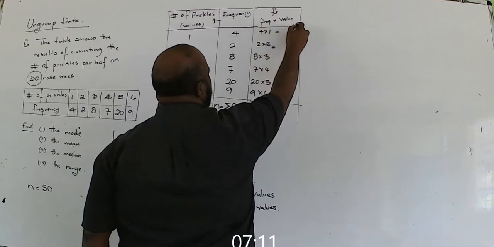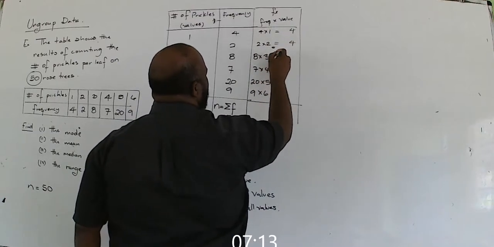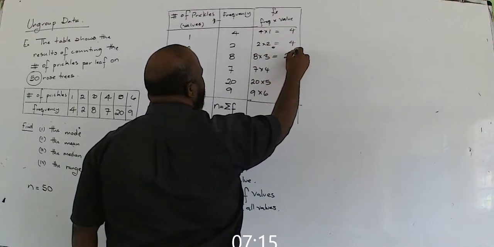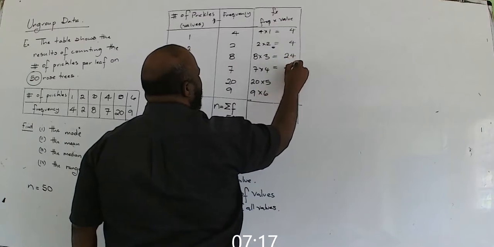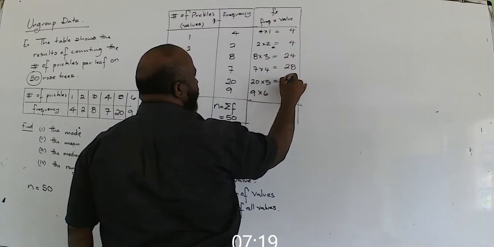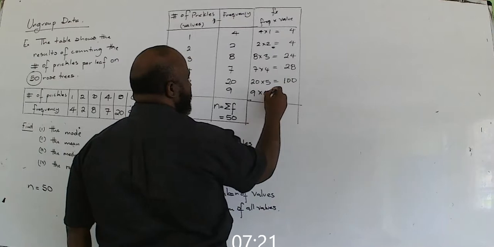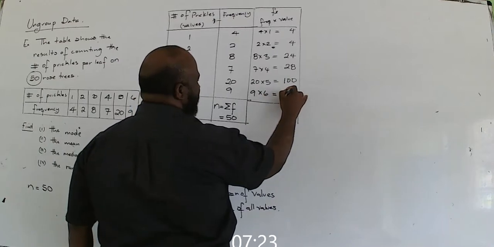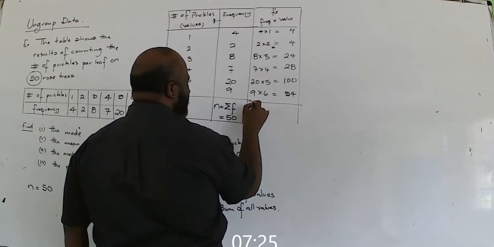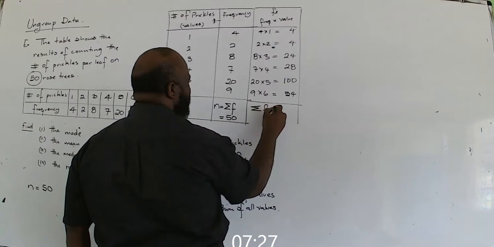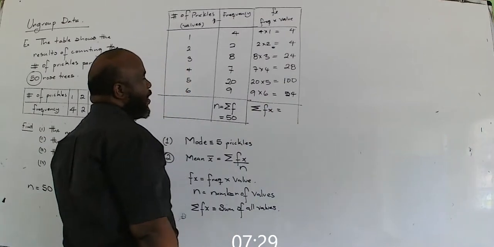This gives 4, 4, 24, 28, 100, and 54. Please tell me the sum of fx.